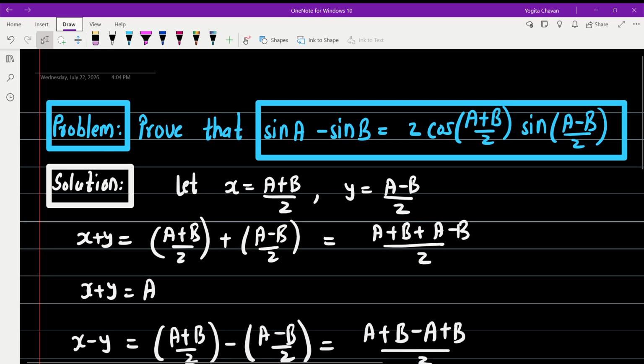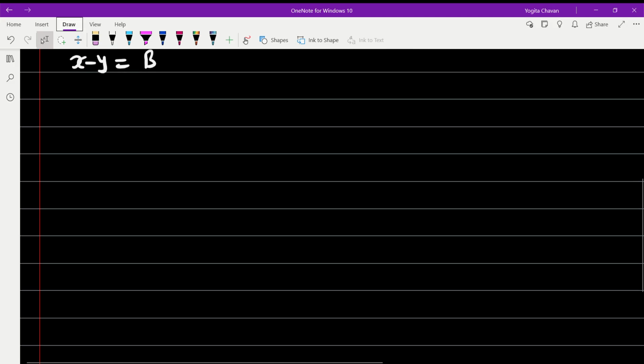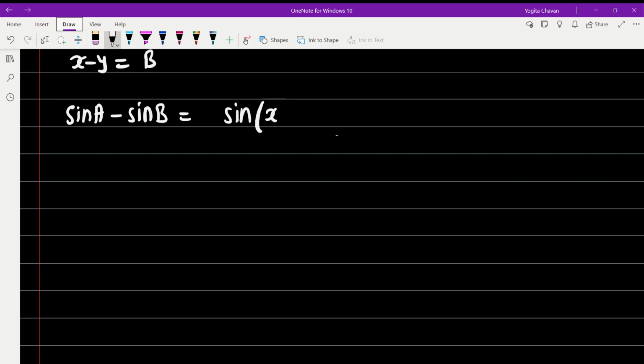Now consider the left hand side of this identity, sin A minus sin B. So sin A minus sin B is equal to, now the value of A is x plus y, and the value of B is x minus y. So it is sin(x plus y) minus sin(x minus y).